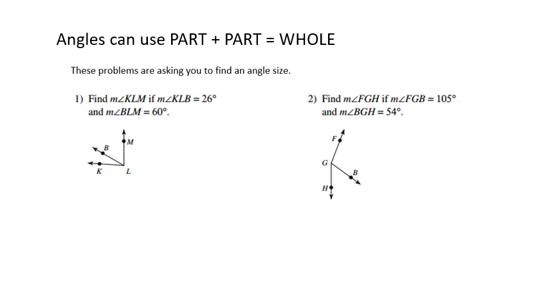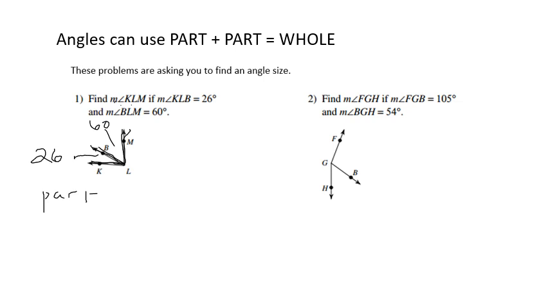These problems are asking you to find an angle size. They want to know the measure of angle KLM. If KLB, here's KLB, is 26, and BLM is there, that's 60. So that's where you would have both parts.